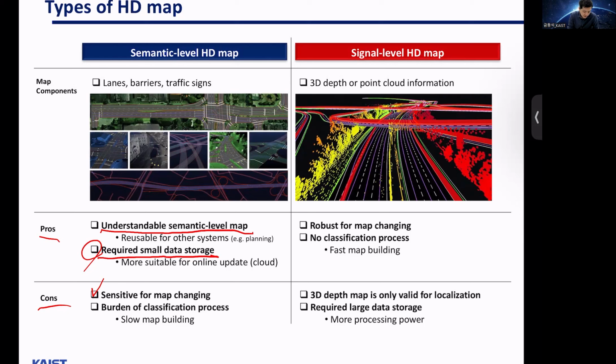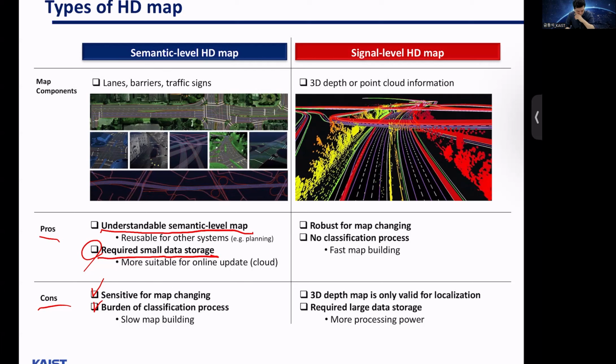Meaning that if something like a landmark chain moves, then because you don't have a lot of information, if one or two landmarks are removed or replaced, then the localization performance can substantially drop. And you also need perception algorithm to detect the semantic information.